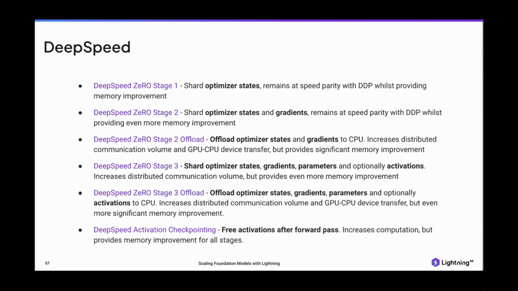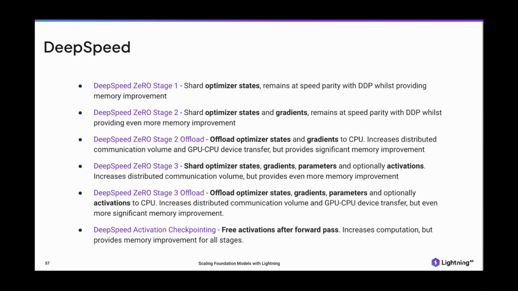There's stage 2 offload, which means you offload the optimizer state and gradients to the CPU instead of sharding across GPUs. Of course, there's some device transfer, so it's not optimal, but you can use the main memory to store parts of your model. So there's an improvement there for sure if you just can't fit.